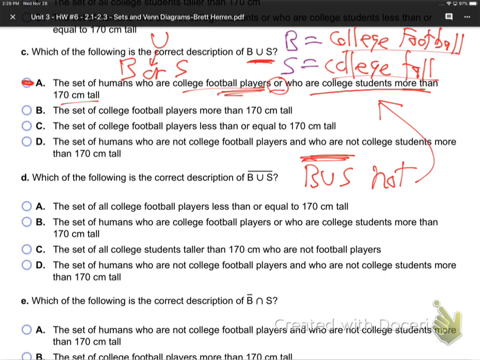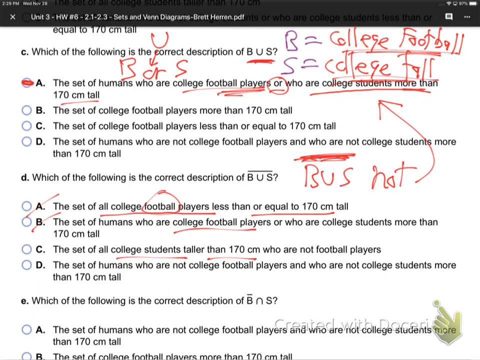So the bar means not, and so let's go through it. They're not college football or tall. Good so far? The bar means not college football or tall. They're not supposed to be football. The set of all college students, okay, yeah.